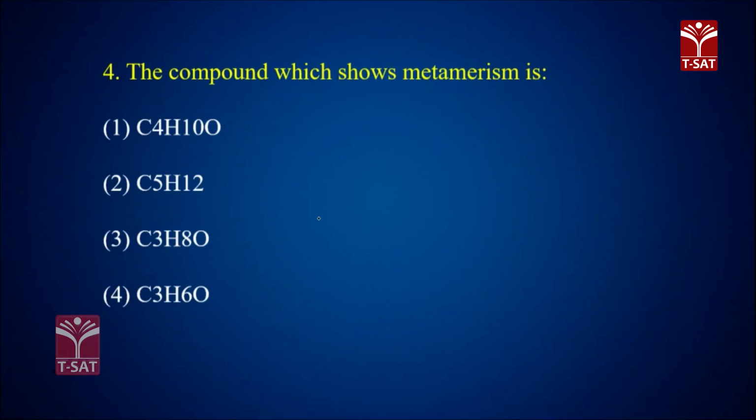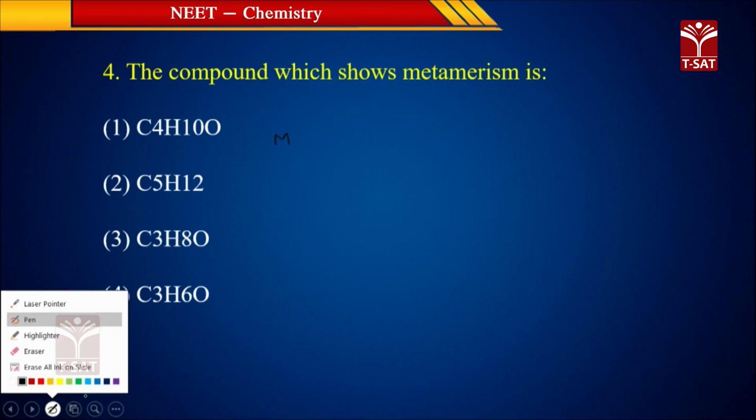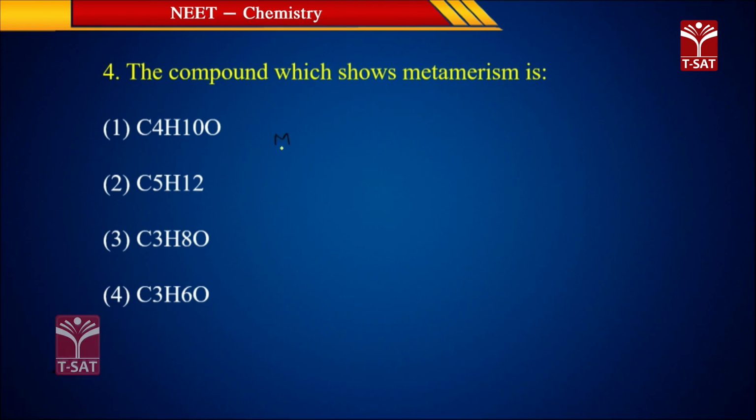And next, coming to question number 4, the compound which shows metamerism. Generally, metamerism is shown by what kind of compounds? Compounds having bifunctional or polyfunctional groups. This is an organic chemistry question, generally from GOC, that too from isomerism.